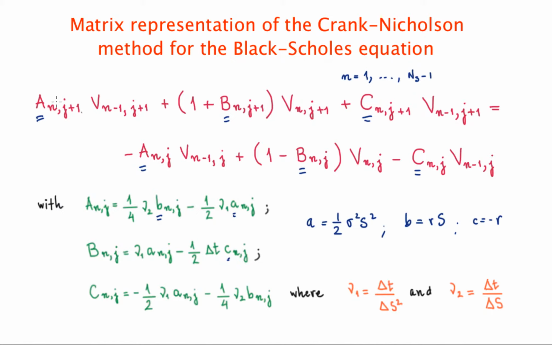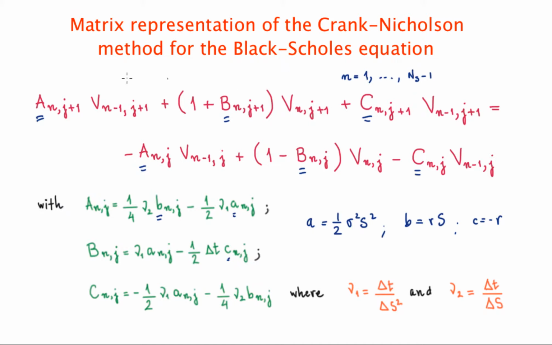In order to implement the Crank-Nicholson method, considering the experience and knowledge we already have from the diffusion equation, it's much easier to work with the matrix representation. So here we're going to consider the matrix representation for this finite difference representation. And we can follow the same strategy that we followed in the fully implicit method.